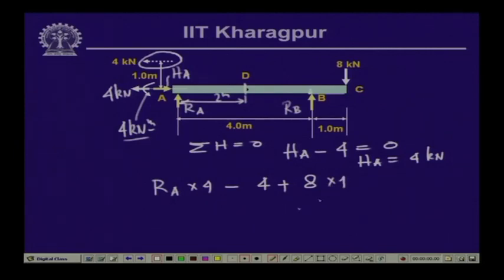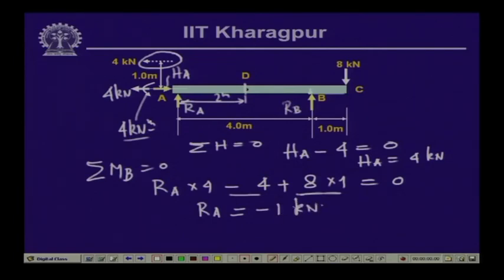This is the total moment contribution of all the forces, and the summation of moment at B is equal to 0. This gives R A into 4 minus 4 plus 8, so plus 4, equals 0, giving R A equal to minus 1 kilonewton. So, the value of the reactive force at A is equal to minus 1 kilonewton.